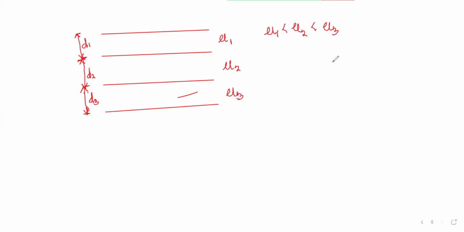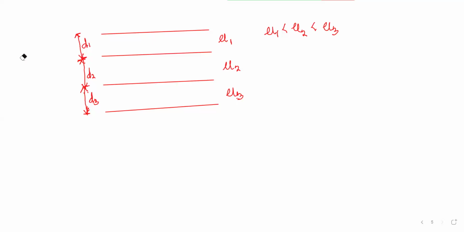Of course, when 2 immiscible liquids are put together, the denser one must always settle below and the less dense one will be on top. So once we have this, it implies that the refractive index of the first one is the least.